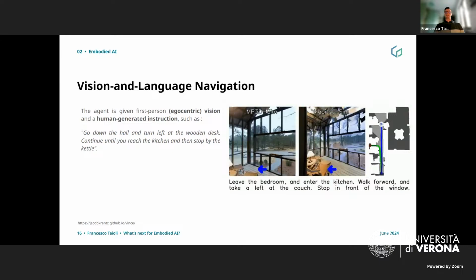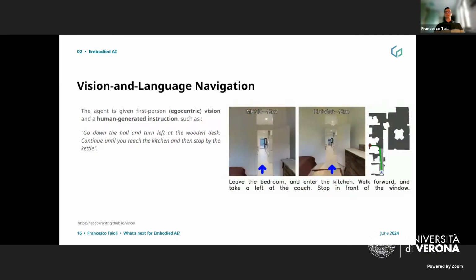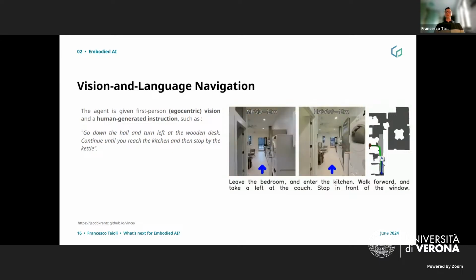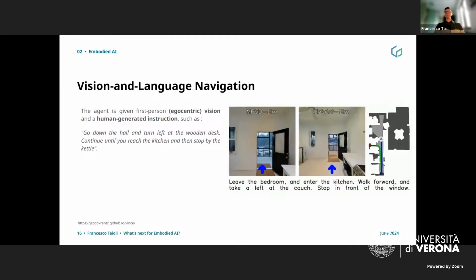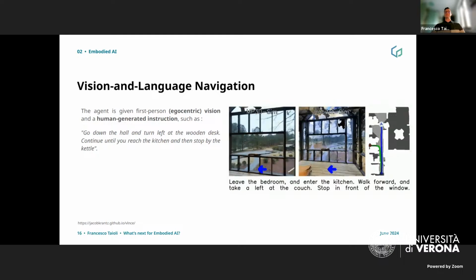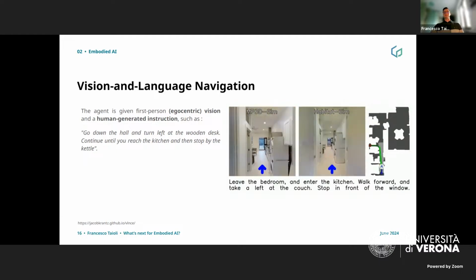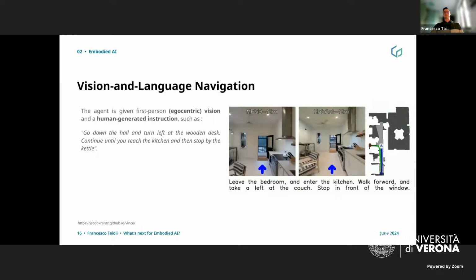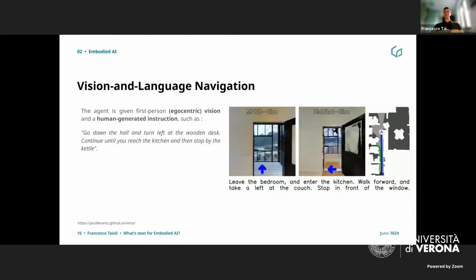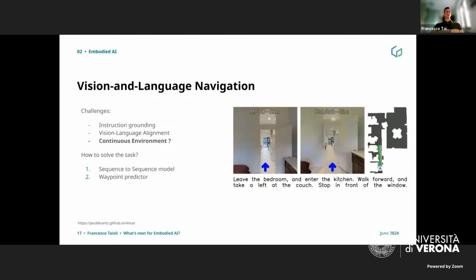As you can see, in Habitat the agent performs low-level actions, for example, turn left 15 degrees, turn right 15 degrees, and so on, instead of teleporting between nodes. And this is very, very challenging for training agents and for performing evaluation.